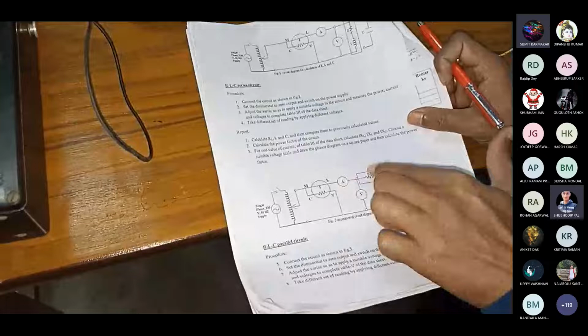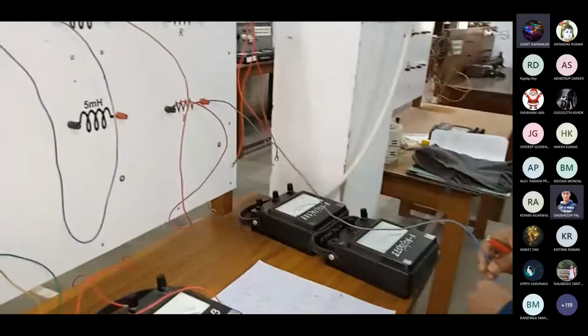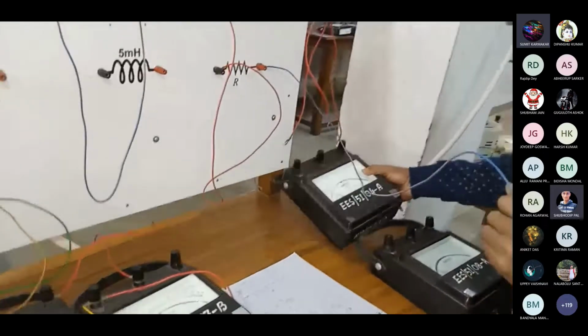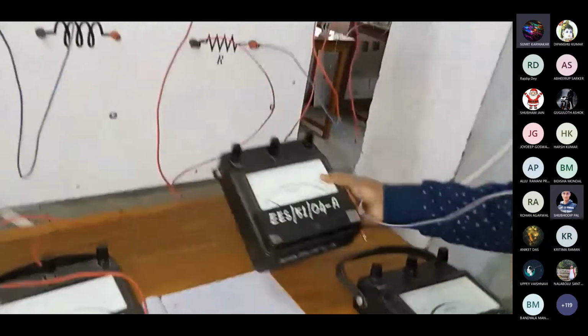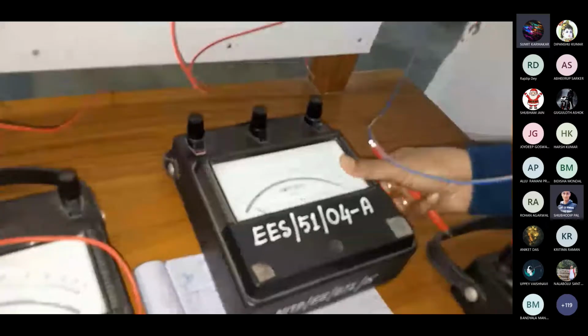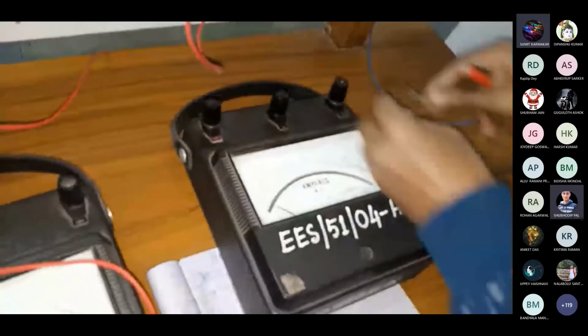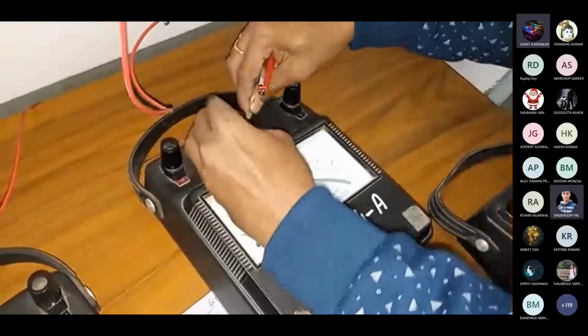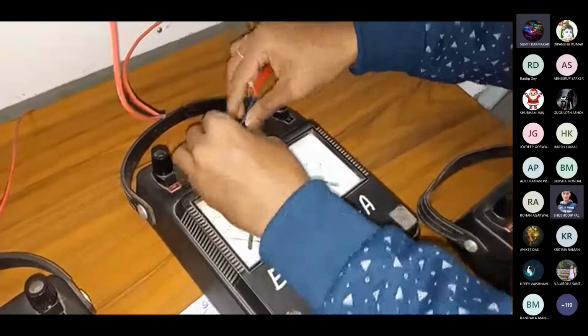So let us open this point, RL, and connect it. You can see one ammeter we are connecting to this point, so let us connect it to the 2 ampere terminal.